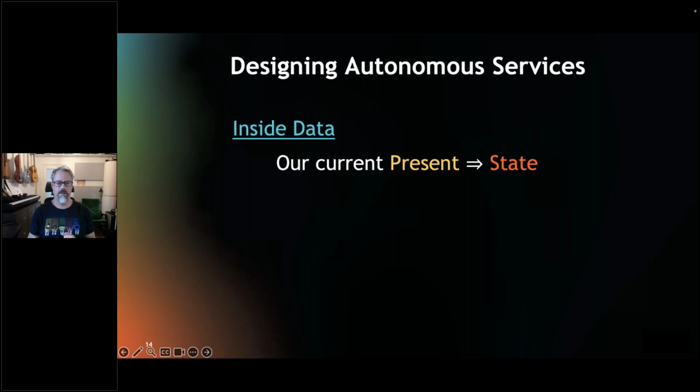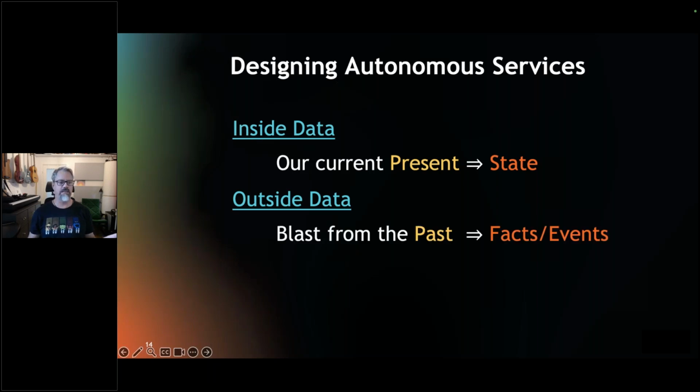That's our state, inside the consistency boundary. Then we have outside data, which he calls blast from the past. That's our facts or events that arrive from the outside into our consistency boundary. It's more or less old data, since things are not strongly consistent between our consistency boundaries. So it always arrives from the past.